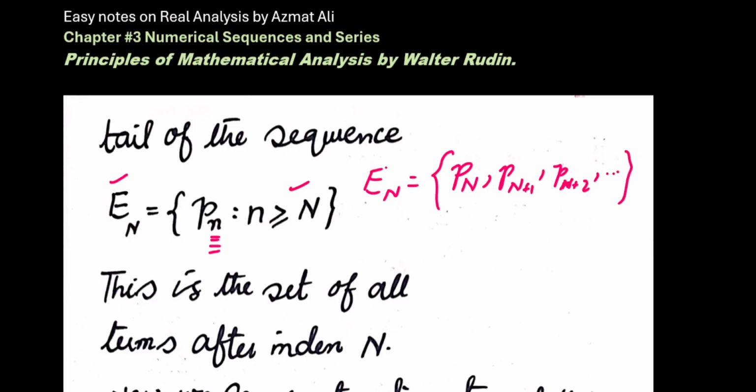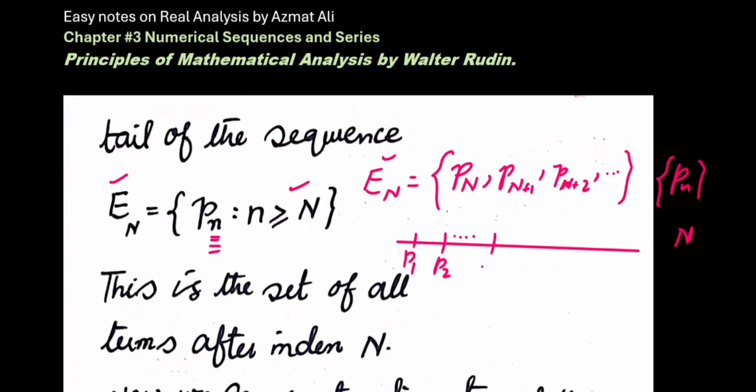So this is the set E_N that consists of the tail of the sequence. Suppose this is my sequence Pn, that is a Cauchy sequence. The first term is denoted by P1, the second term is P2, and so on.